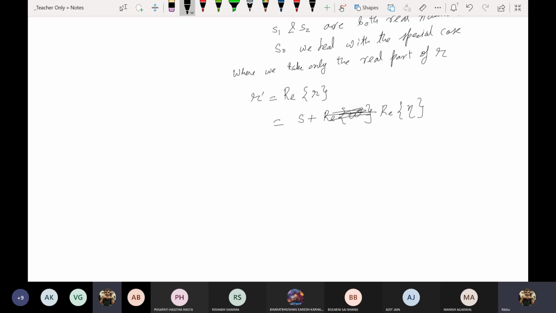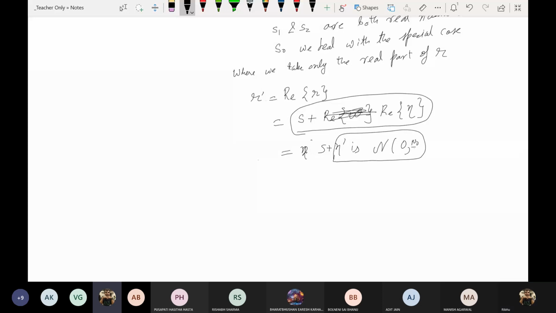So in the present case, R prime equals this, the real part of eta, or eta prime, because eta we know is circularly symmetric, and we discussed circular symmetry in the previous semester.